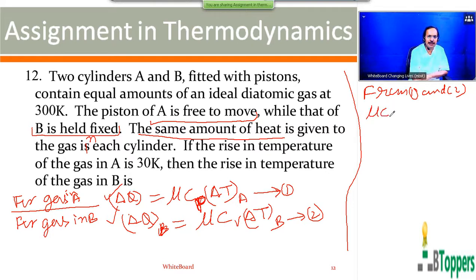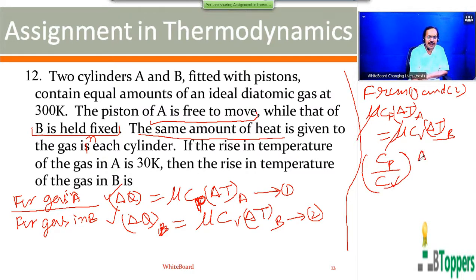So nu Cp delta T for A equals nu Cv delta T for B. It is given that the same amount of diatomic gas is filled in both cylinders, so the number of moles can be assumed to be constant. So Cp by Cv into delta T for gas in cylinder A equals delta T for gas in cylinder B. Cp by Cv gives you gamma.